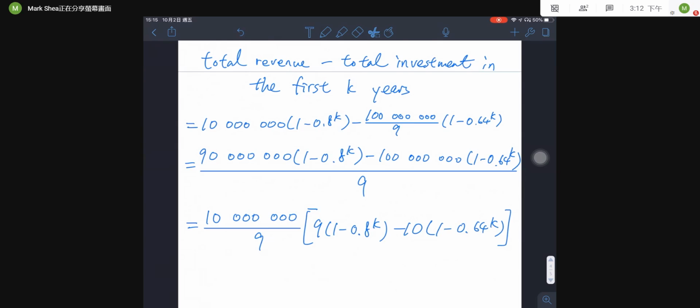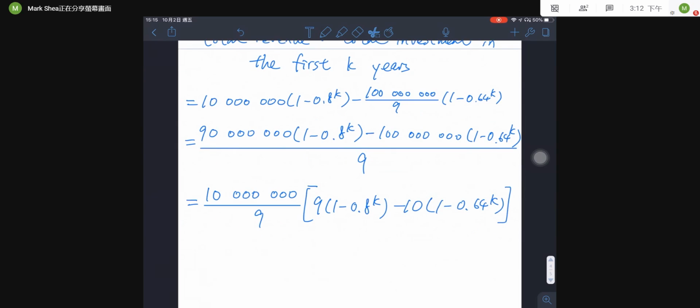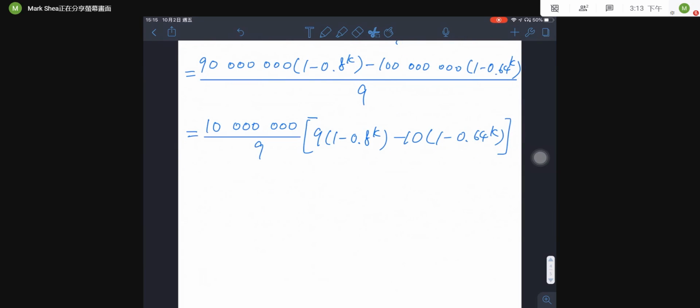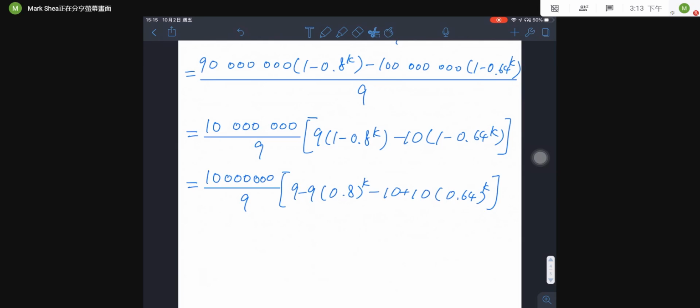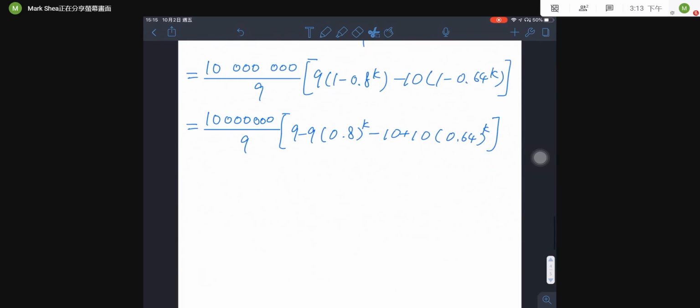And then 9 times 1 minus 0.8 to the power k minus 10 times 1 minus 0.64 to the power k. Then when I expand the expression in the square bracket and group the terms, we have in the square bracket 10 times 0.64 to the power k minus 9 times 0.8 to the power k, and then minus 1.